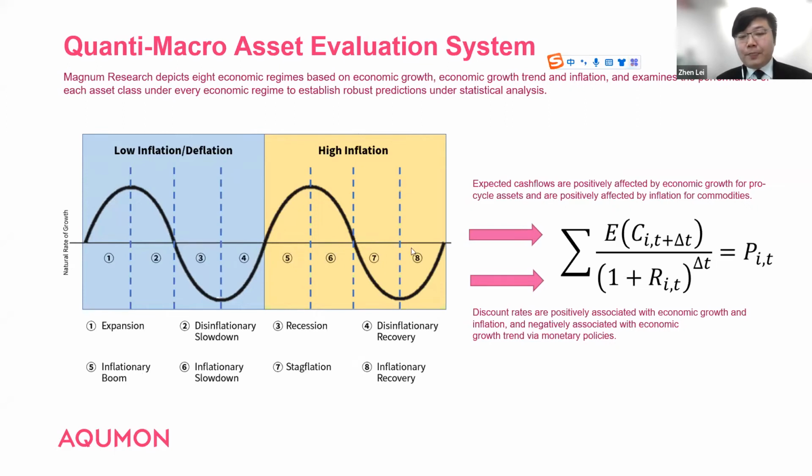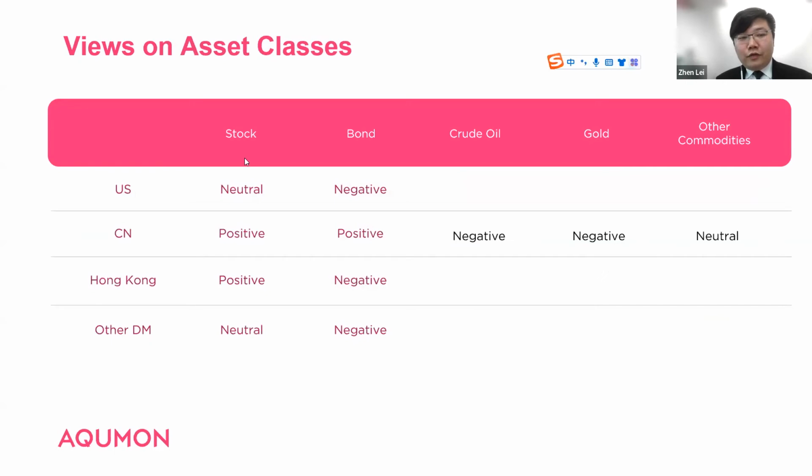We try to find the expected cash flow performance in each state and also the discount rate in each state, and try to summarize what is going on for these assets' price movement in each state. Therefore, we have the views on asset classes for 2022.